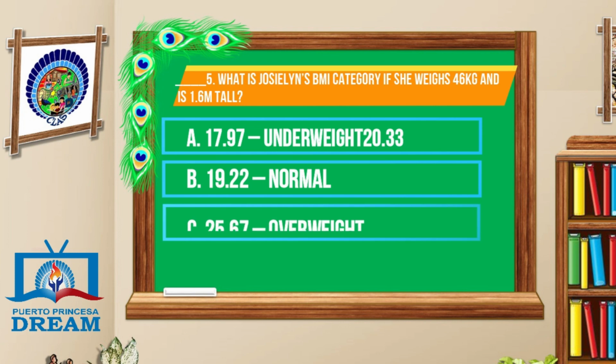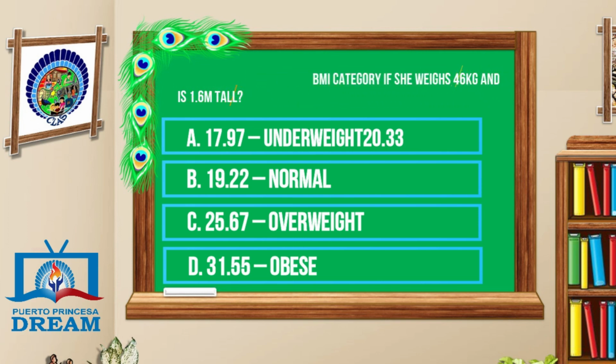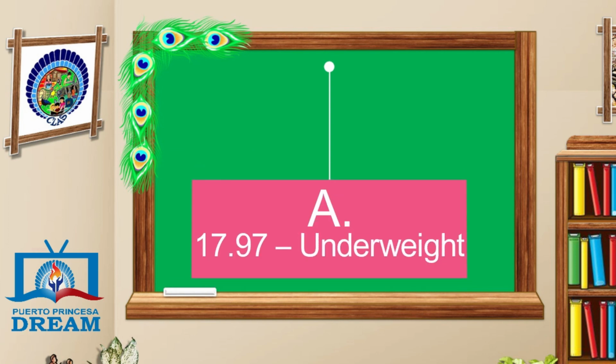C. 25.67 overweight. D. 31.55 obese. The correct answer is letter A. 17.97 underweight.